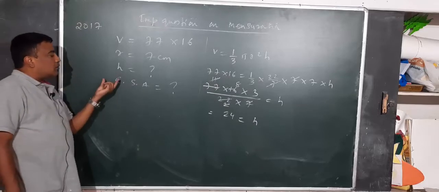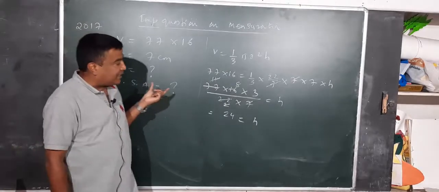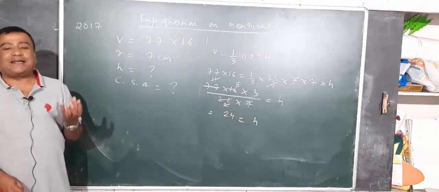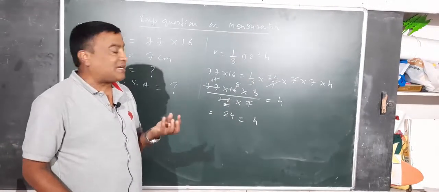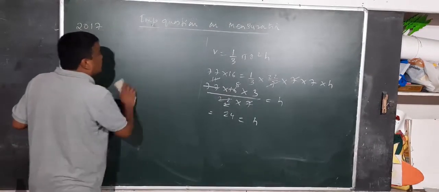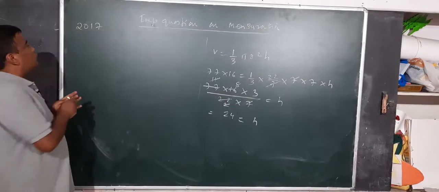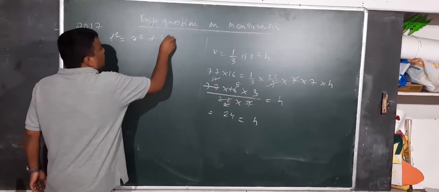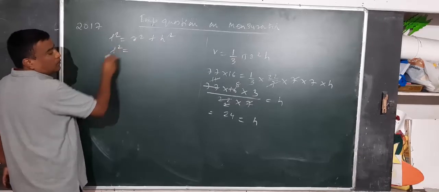After that you have to find out the curved surface area, and I have given the formula. Curved surface area means pi r l, where l is the slant height, and the formula for l is simply the Pythagoras theorem. L square equals r square plus h square. What is r?